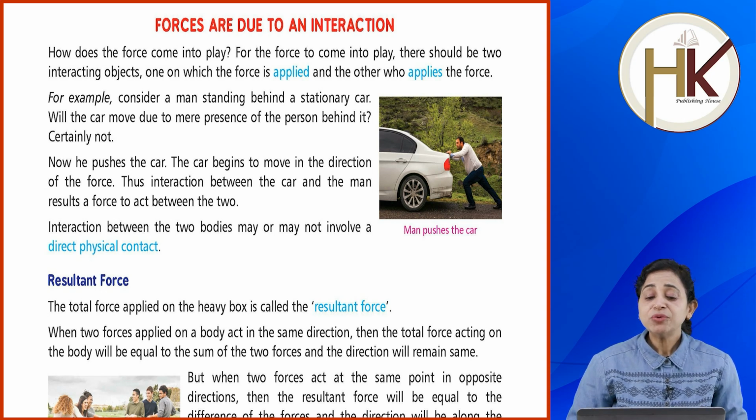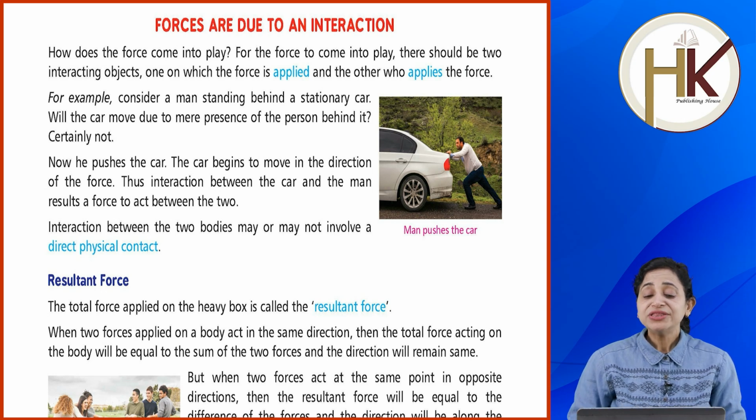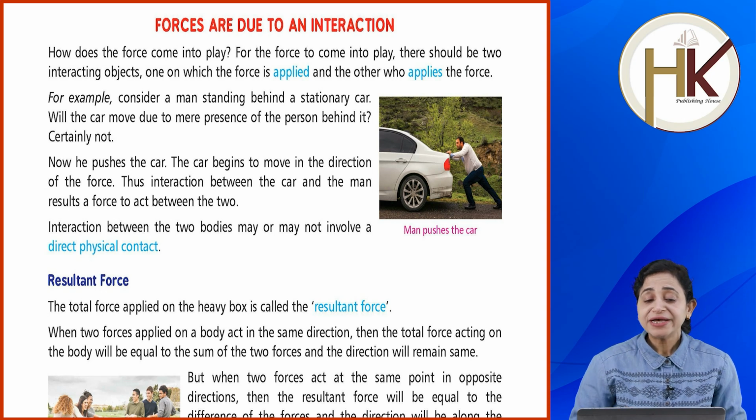Will the car move due to the mere presence of the person behind it? Certainly not. Now he pushes the car and it begins to move in the direction of the force, and thus the interaction between the car and the man results in a force acting between the two. Interaction between the two bodies may or may not involve direct physical contact.